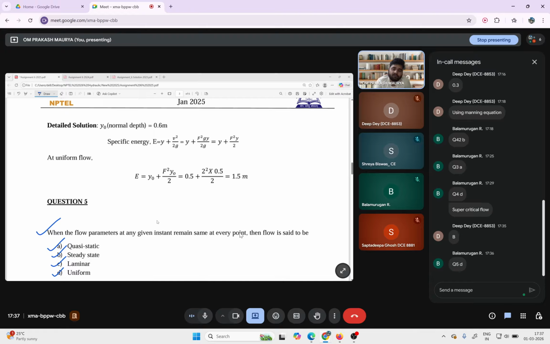I think we have solved GATE question 42. This was from GATE Civil Engineering 2025 Set 2. I think in Set 1 we also have a question like that, so let me check and I'll show you.